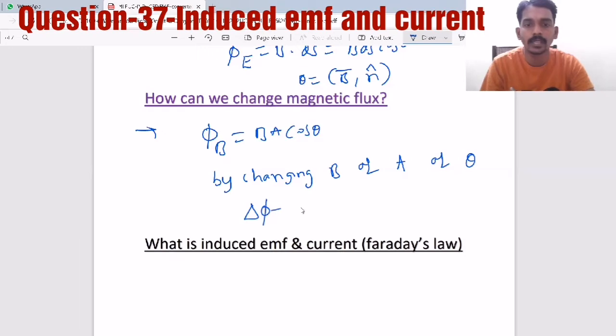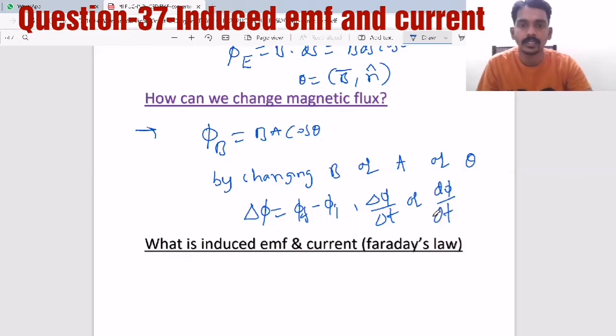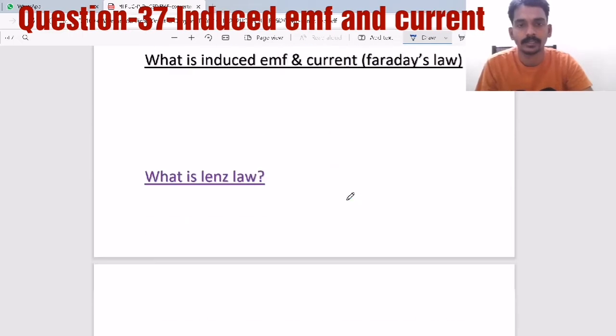Delta phi equals phi final minus phi initial, so there is an average change delta phi by delta t or an instantaneous change d phi by dt. So they can ask anything based on the change in magnetic flux.